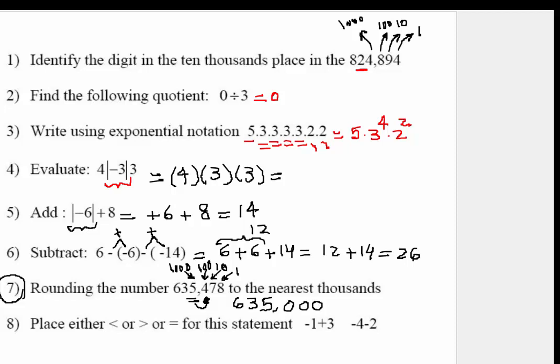All right, next question. We want to see which one of these are larger. So to the left-hand side, we have -1 plus 3. Okay, again, you can look at it as if you owe $1 and you have $3 in your pocket.